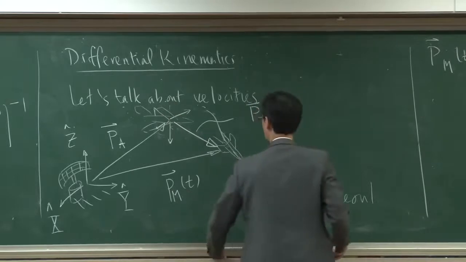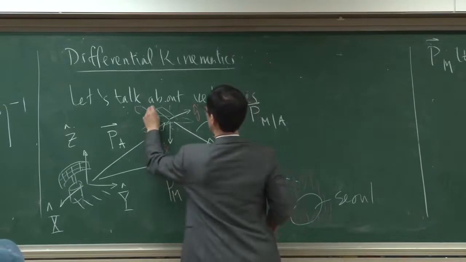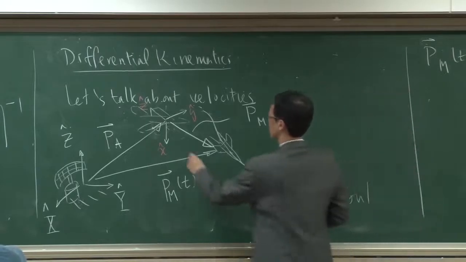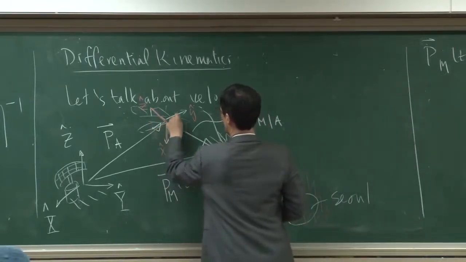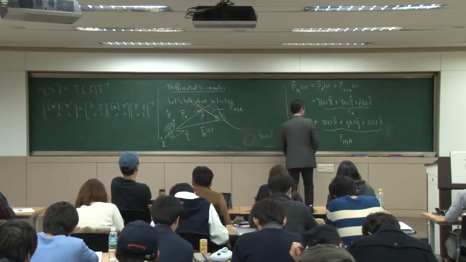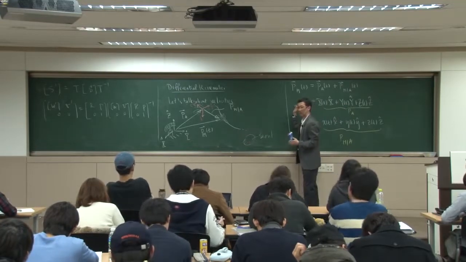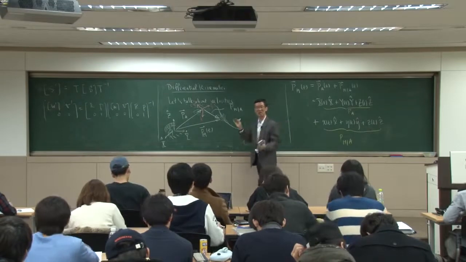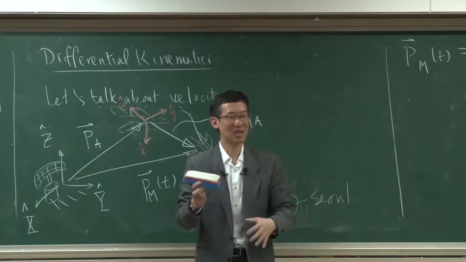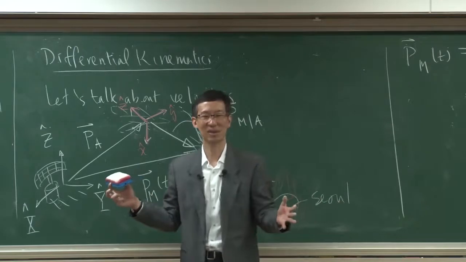Okay, so here's small x, small y, and small z. Okay, so it's nice to know the position, but it would be nice to also know the velocity and the acceleration, okay, to see how much time we have before we turn into a sea of fire.